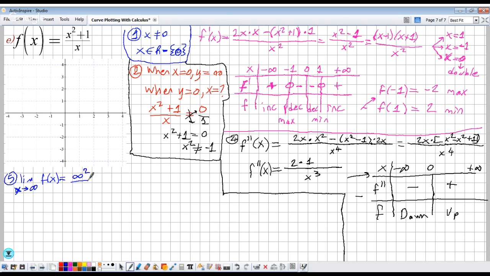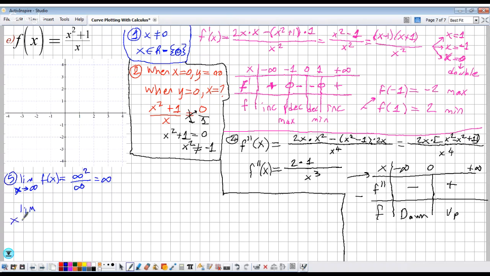Infinite squared is the highest power over infinite. If the degree of the numerator is bigger than the denominator, we know that the final result will be infinite for the limit. Right now, I am only checking whether it will be plus infinite or negative infinite. So positive over positive, when x goes to plus infinite, the result will be plus infinite.